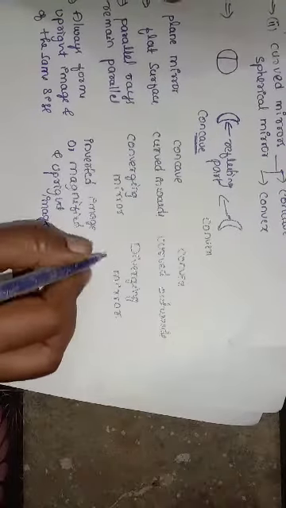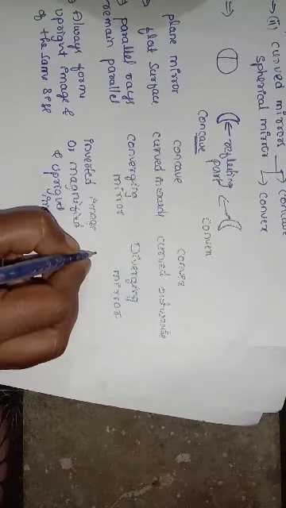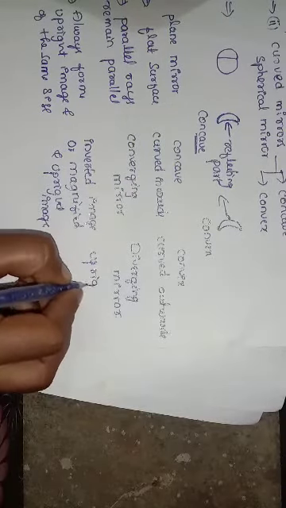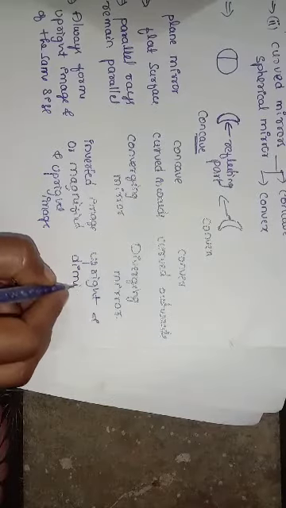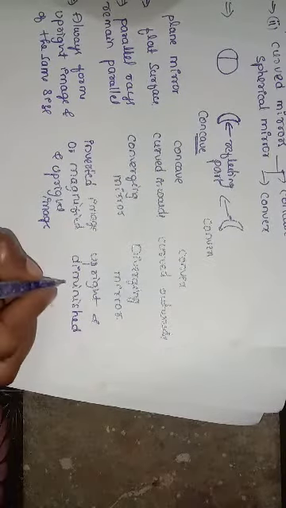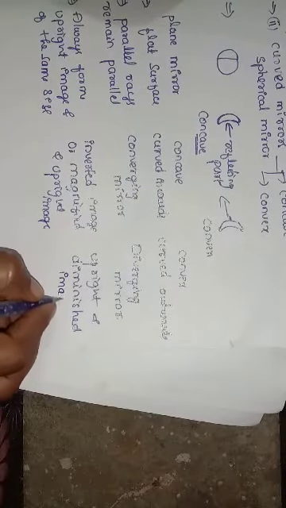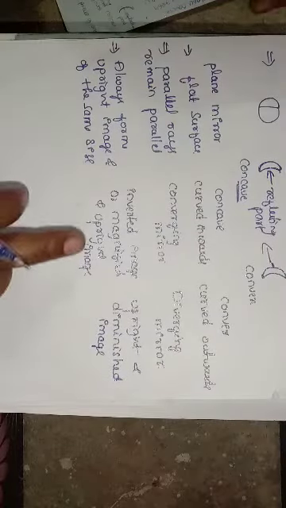What about the convex mirror? It always forms an upright and diminished image. Diminished means smaller size. So these are the images formed by these three types of mirrors.